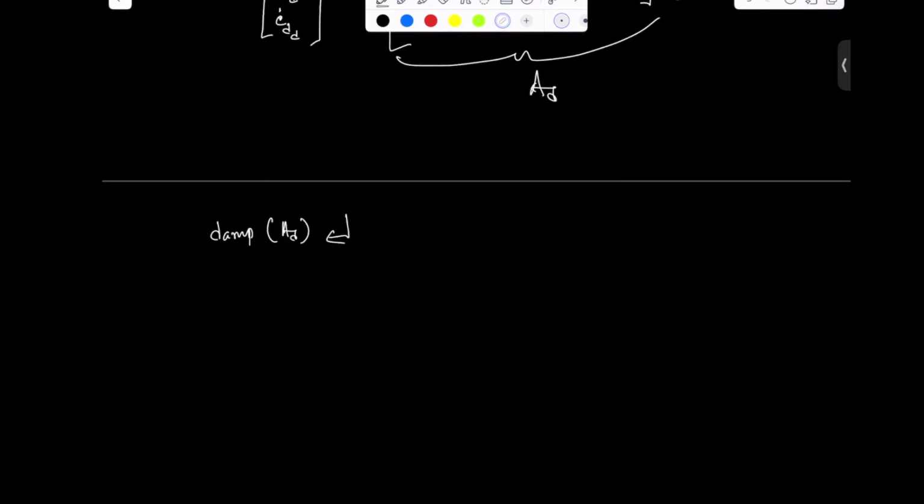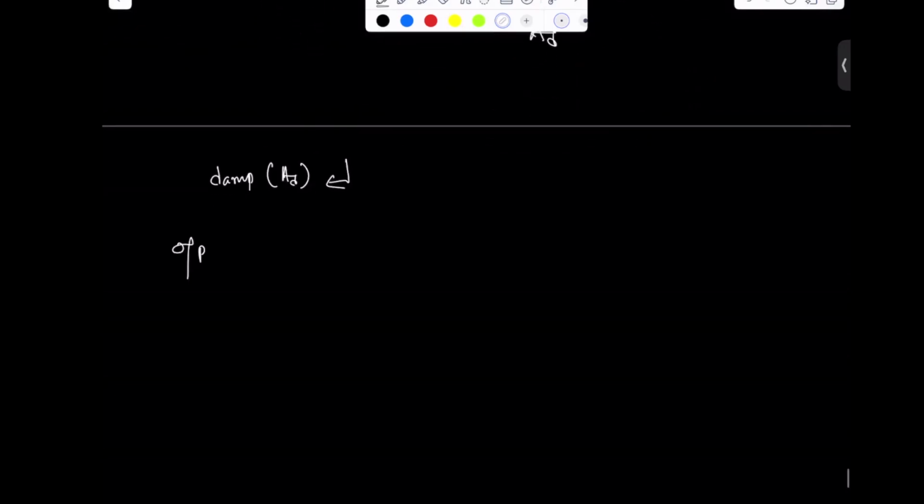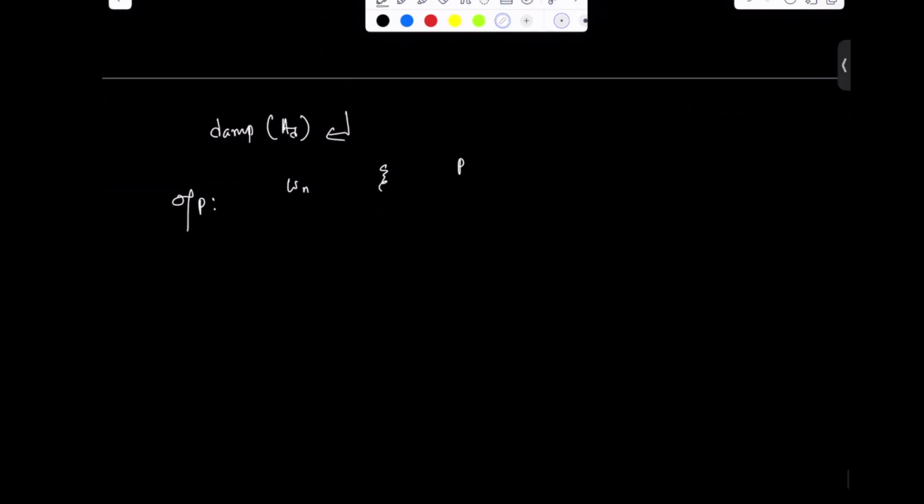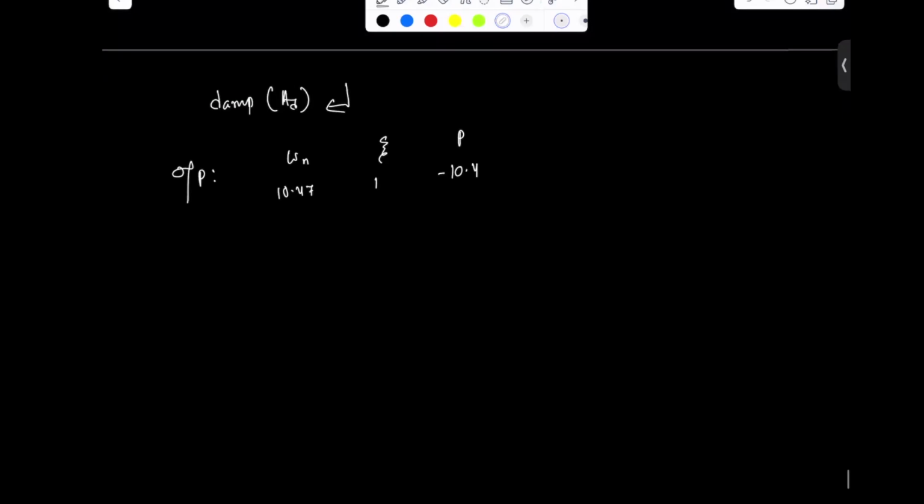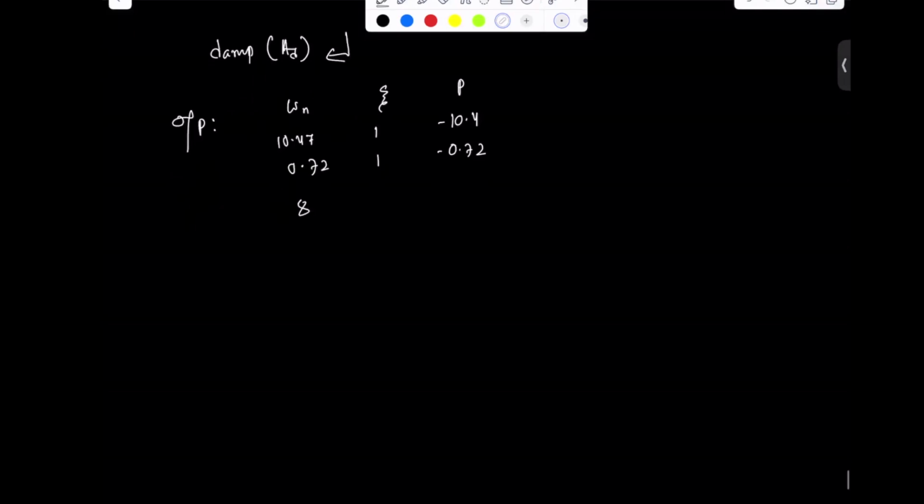If you enter damp(A_d) in MATLAB, the output will be omega n, damping ratio, and poles: 10.4, 0.72 with poles at minus 10.4 and minus 0.72, and 8, 1, minus 8.